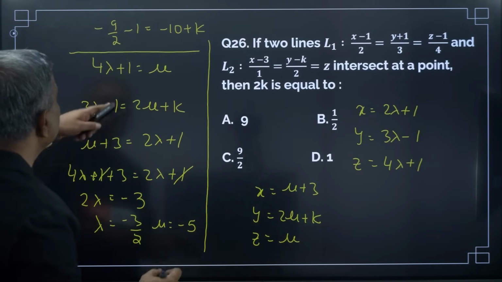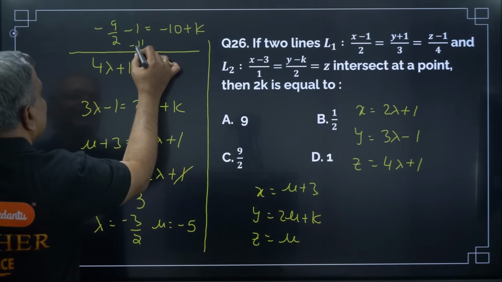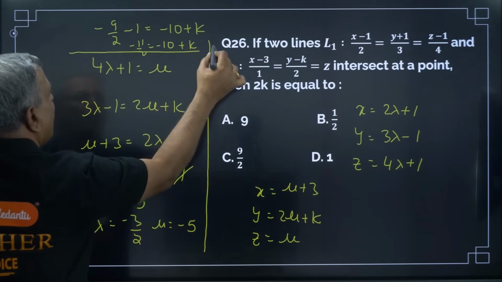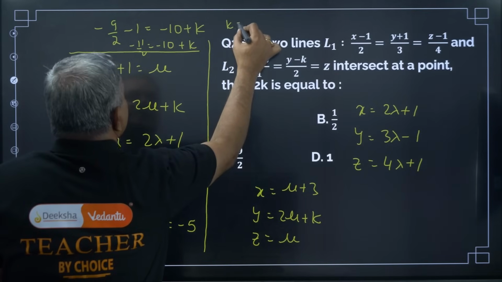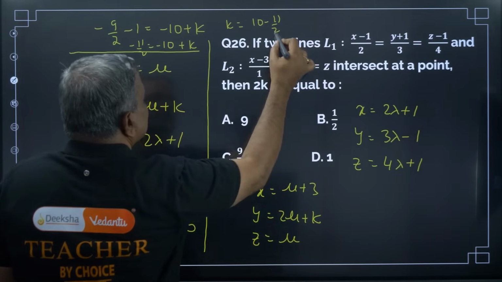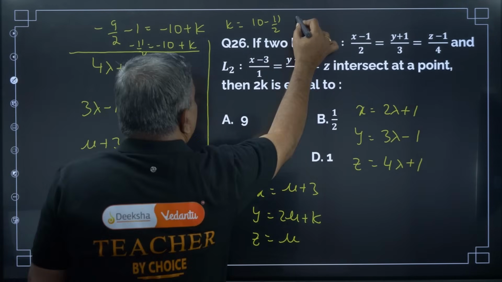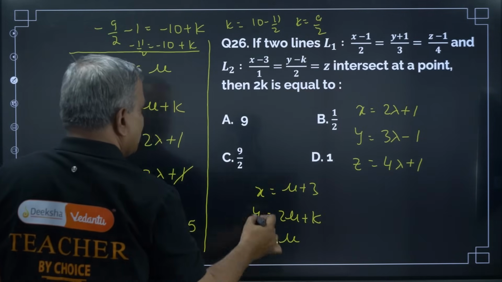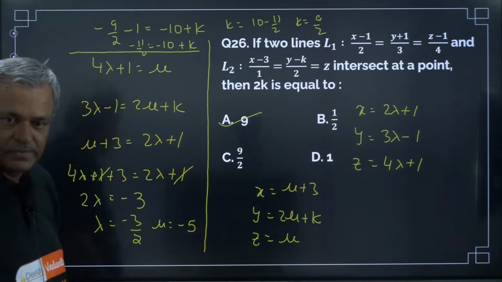So how much do we get? This is minus 11 by 2 is equal to minus 10 plus k, or we get k is equal to 10 minus 11 by 2. This is equal to 20 minus 9 by 2, so 2k is equal to 9. Option 9 is correct.